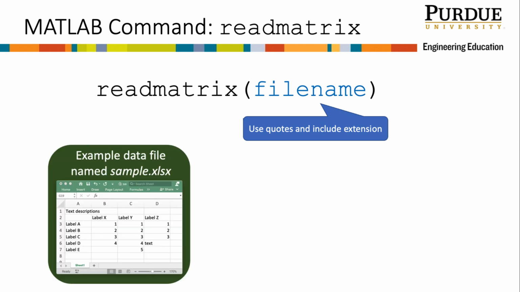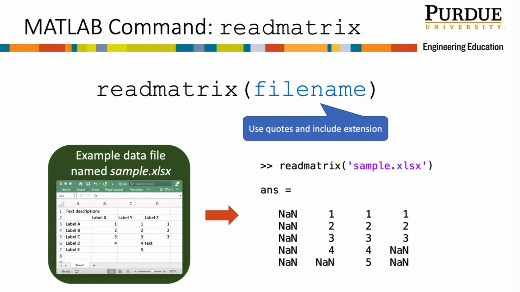Take a look at this example data file called sample.xlsx, which is an Excel file. Notice it has a description line in row 1 and labels for each row and each column of the data. In MATLAB, when readmatrix("sample.xlsx") is used, the resulting matrix is shown here.